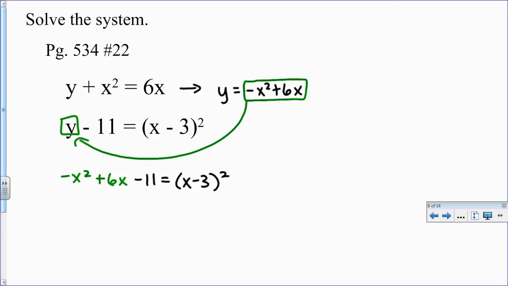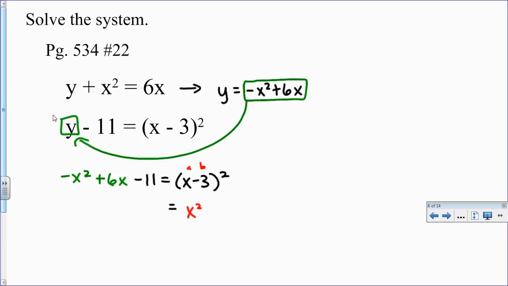Okay, I see that I have a quadratic, so I want one side equal to 0. Before I do that, I need to multiply out this x minus 3 squared. Okay, so let's do the shortcut. That's your a, that's your b. So a squared, so x squared.